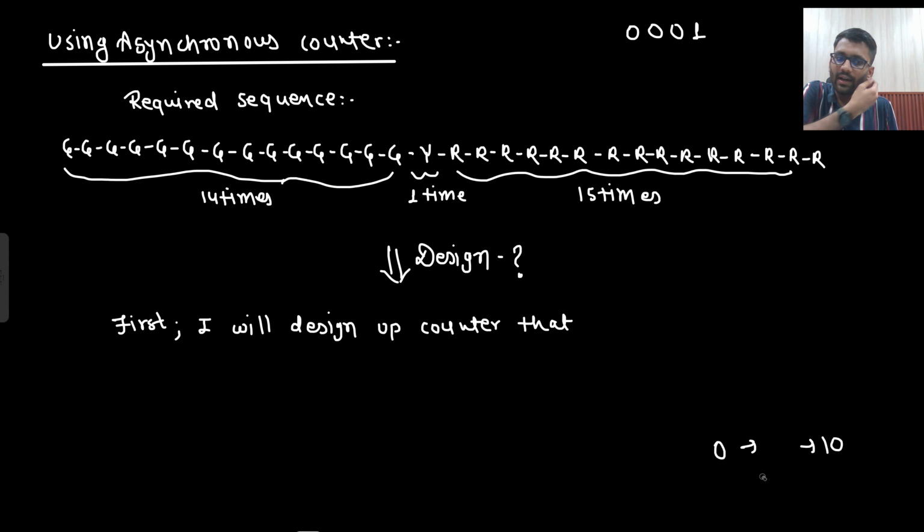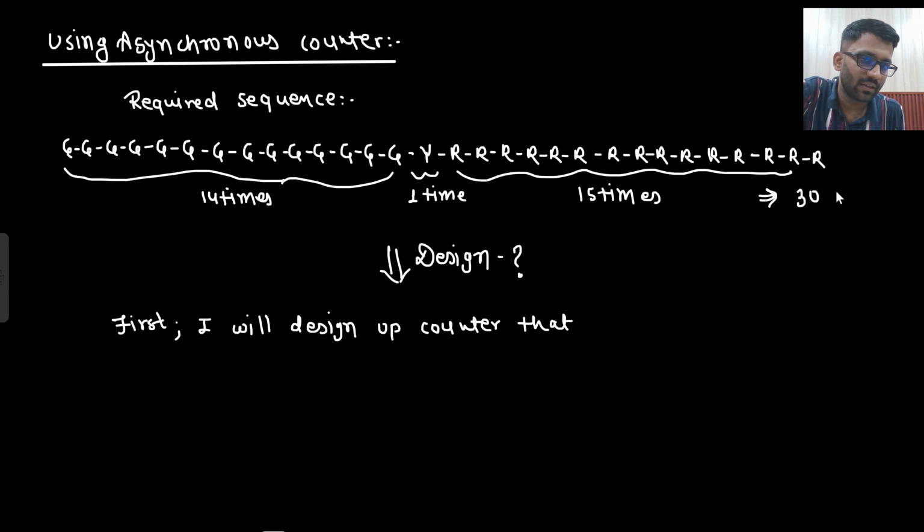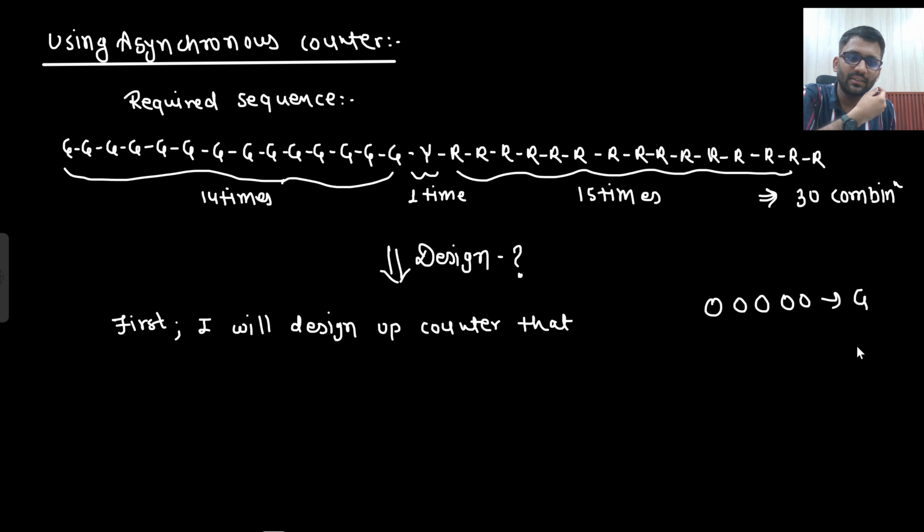Now I will design an up counter again. How many combinations do I need in total? 30 combinations, right? 30 combinations required. Why 30? For 0 0 0 0 0, I can give green.